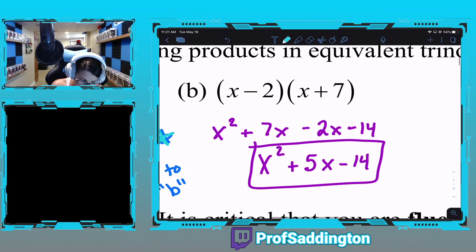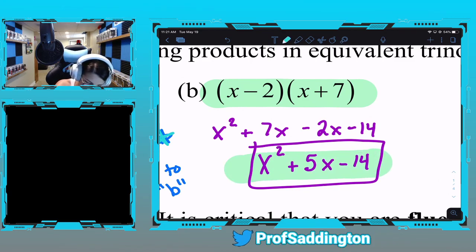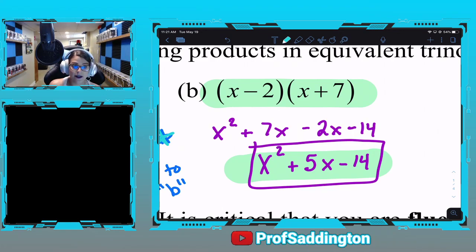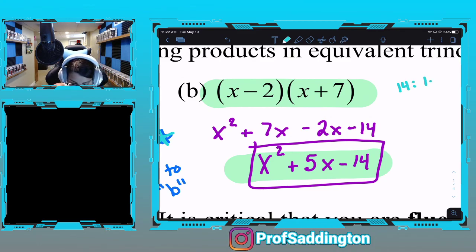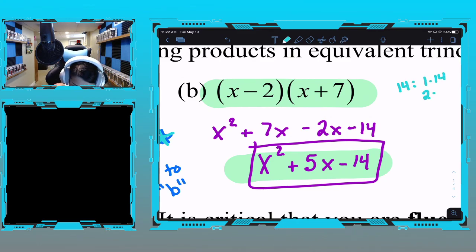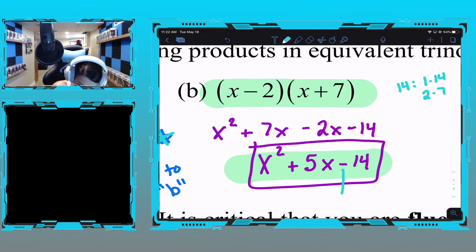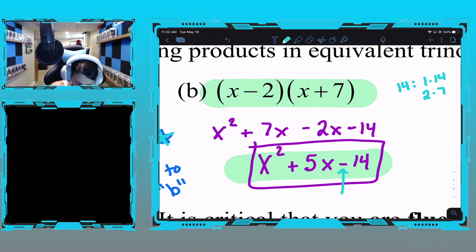So this is what we're dealing with here. If I want to know what multiplies to give me C, C is the constant number, so the 14. What are my options to multiply to get 14? Well, I can do 1 times 14, and I can do 2 times 7. Now, if we notice, that 14 has a minus sign in front of it. So because it's subtracting there, we know my signs are going to have to be opposite.